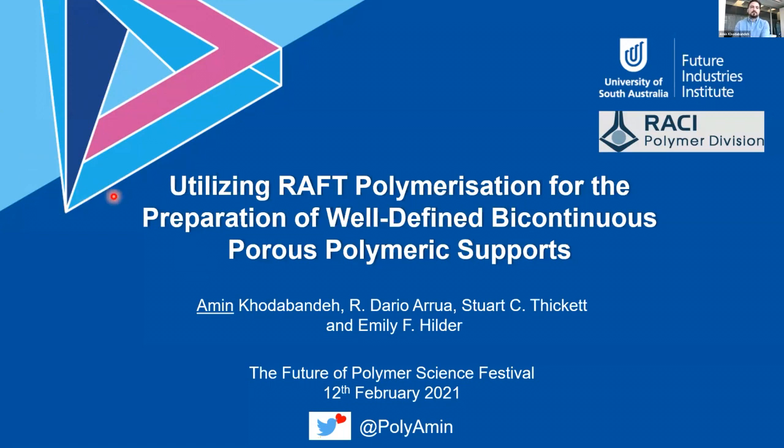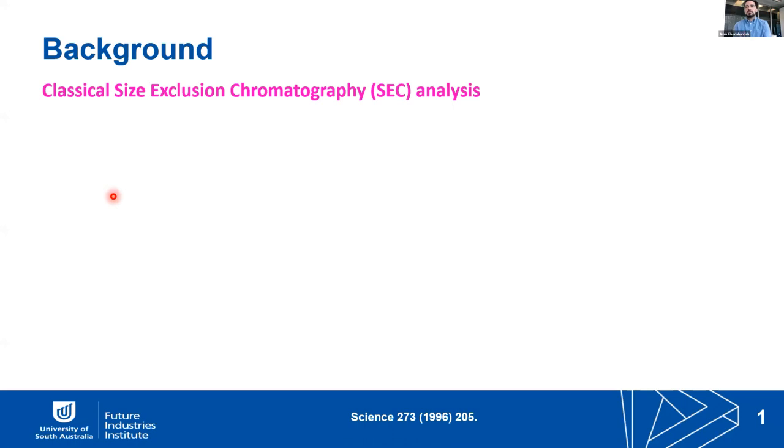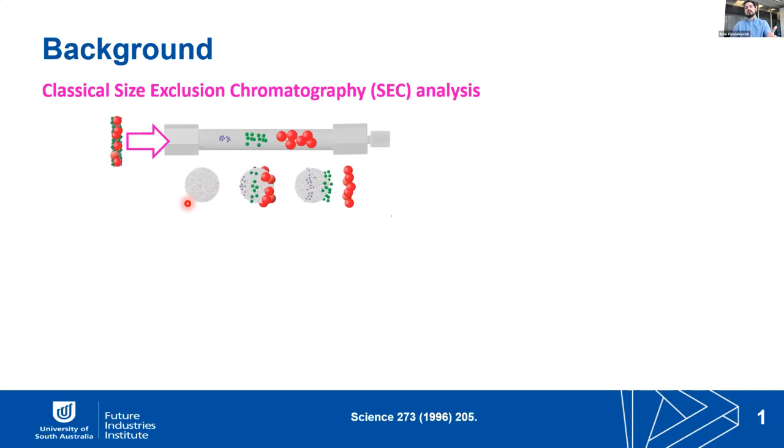So as background, polymer chemists often use size exclusion chromatography for analysis of synthetic polymers. Basically the analyte is injected into the column. The column is the heart of the system, and separation happens based on the size of the polymer.